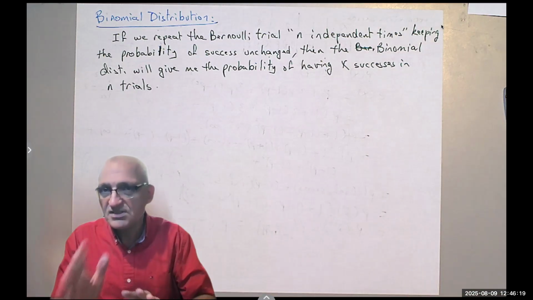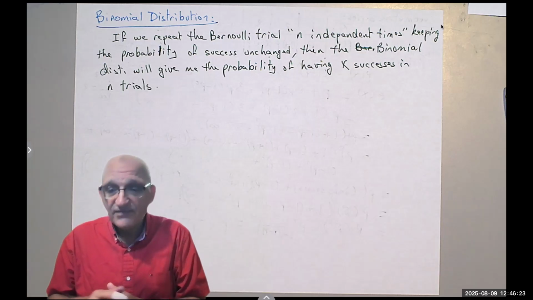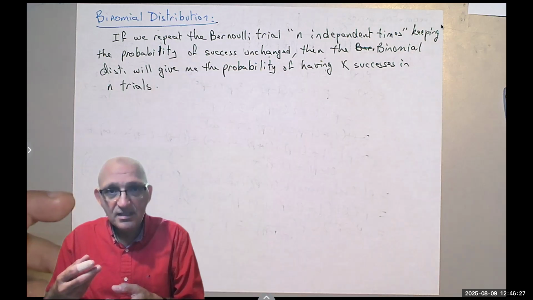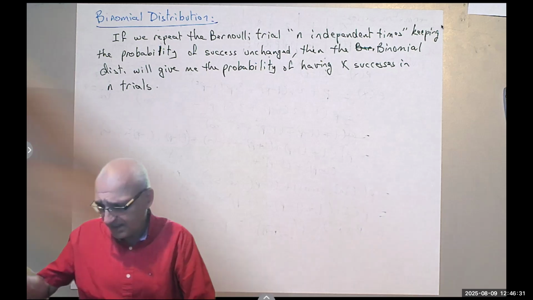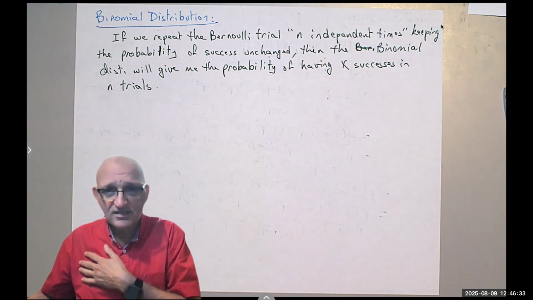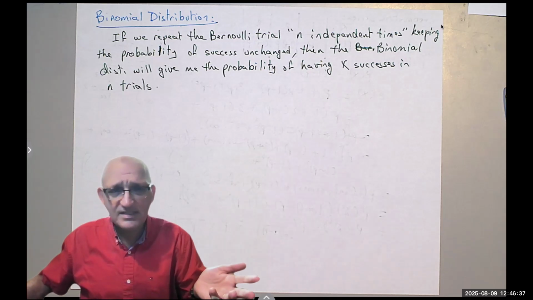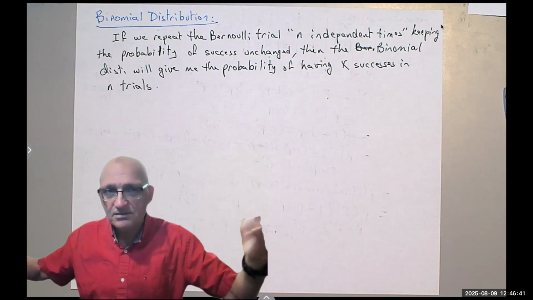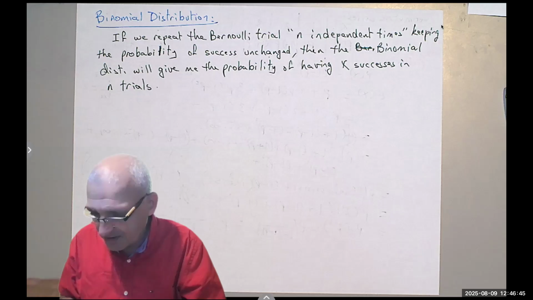No, I'm going to use the same one, so the probability of success doesn't change. Or if I'm checking elements coming from a production line, I'll use the same production line. I'm not going to go to one factory today, a different factory tomorrow, and a different factory the day after. That's not binomial. These are three different distributions, maybe Bernoulli or something, that have nothing to do with each other.